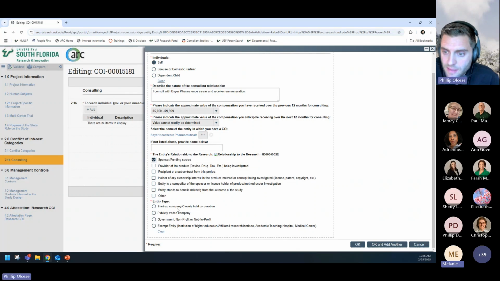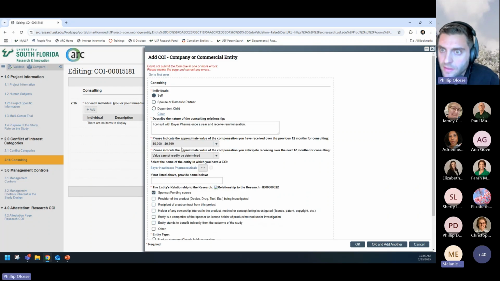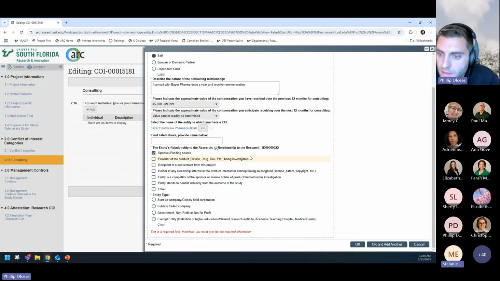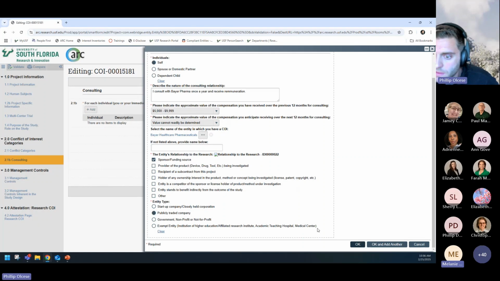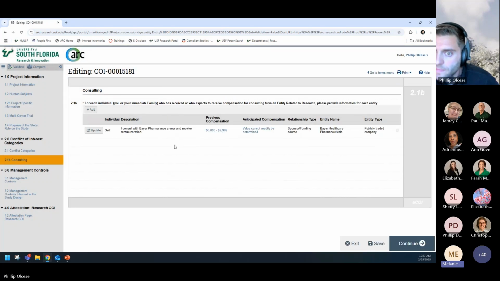And then the entity type. Cannot submit the form due to one error. Please review the page and correct. Okay, so entity type is a required field. Startup company. Yeah, it's a publicly traded company. Right, the sponsor, BioHealth Pharma. Okay, and boom, there it is.